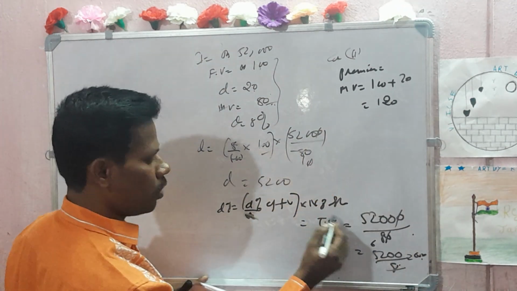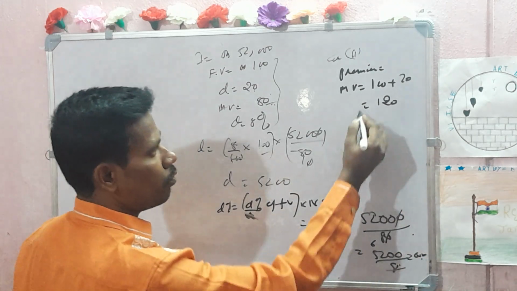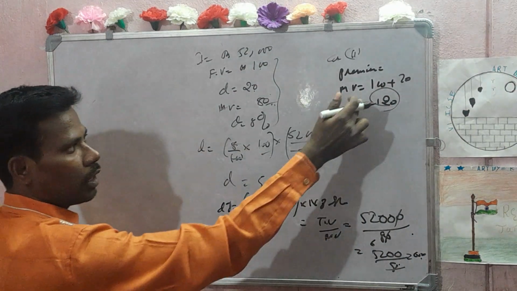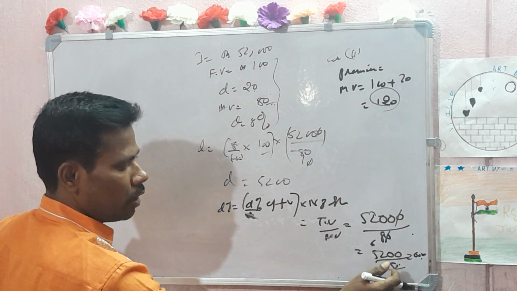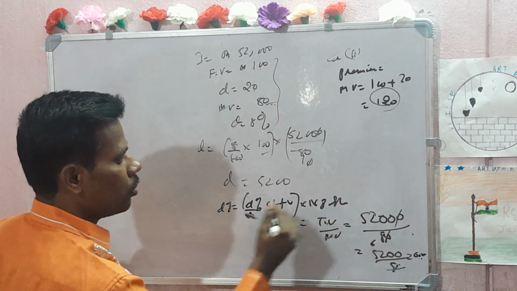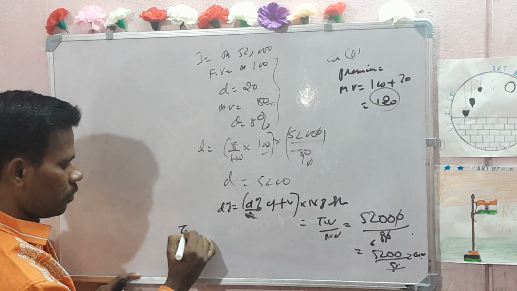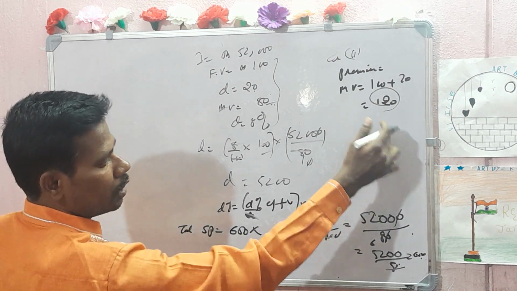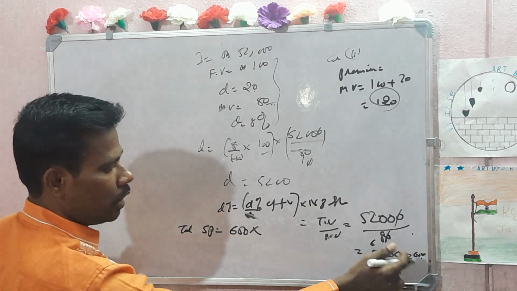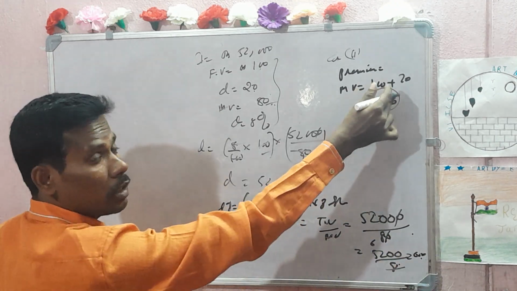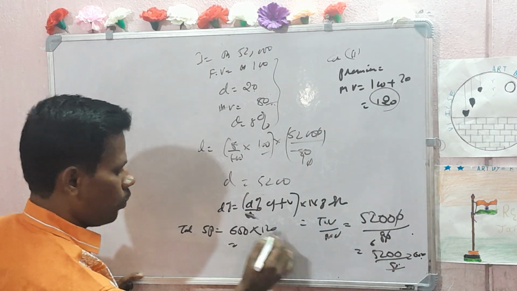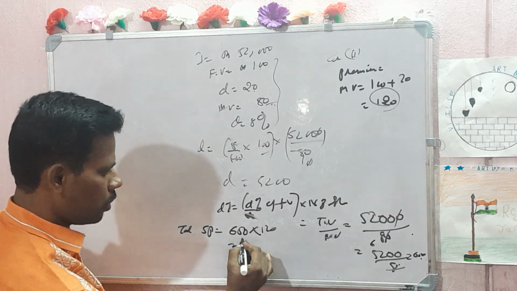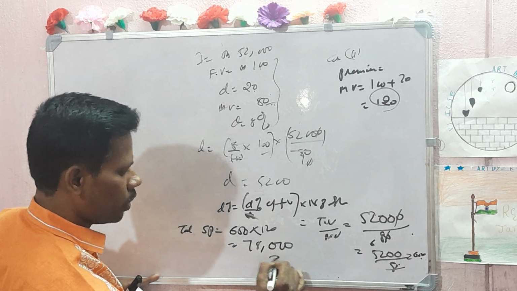So now number of shares is 650. Market value is 120. Now selling number of shares is 650. Total selling price is equal to 650, the number of shares, into each share, 120. 650 into 120, do this multiplication by yourself, 78,000.